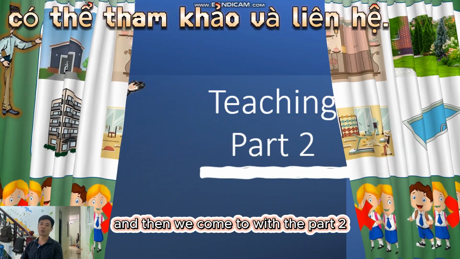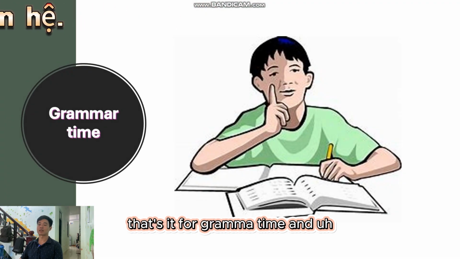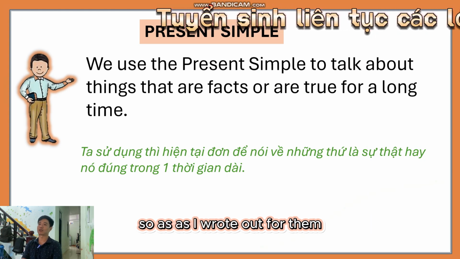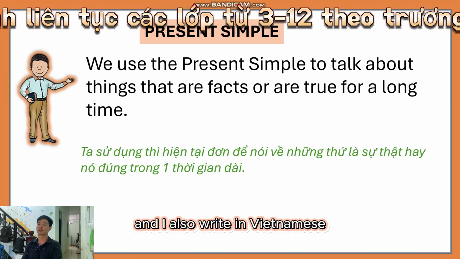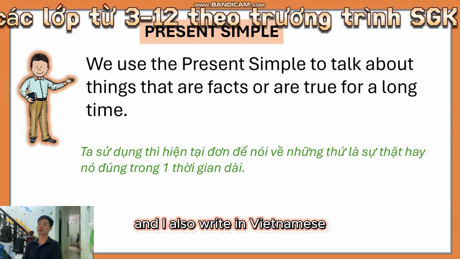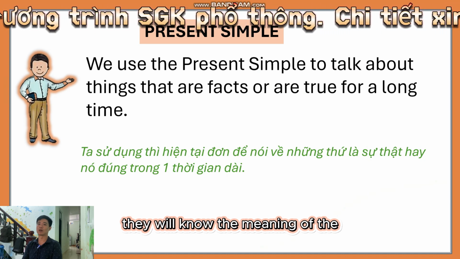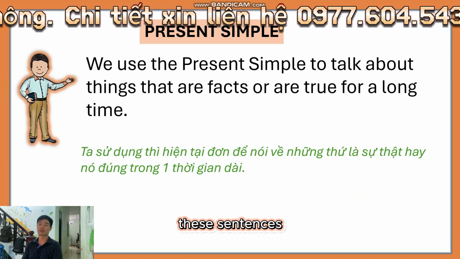And then we come to part 2, and part 2 is grammar time. Today they are going to learn the present simple. As I wrote down for them, you can ask all the students to read. And I also write the Vietnamese meaning to be sure all of them know the meaning of this sentence.